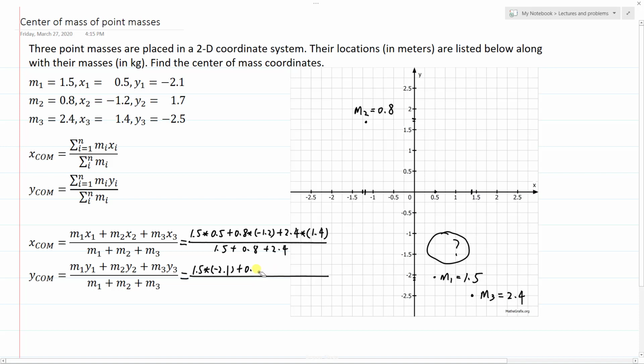Okay, and m3 is 2.4, and the y coordinate is minus 2.5, and the sum of the mass is the same.